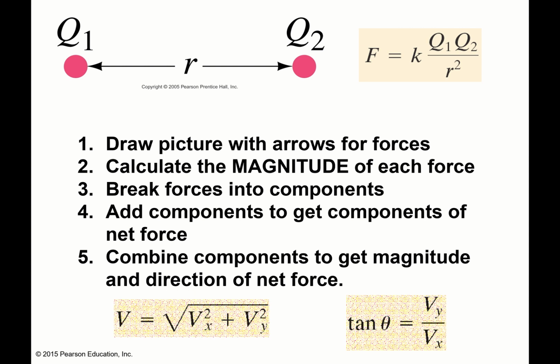If you remember from Physics 1, we use those two equations there at the bottom. You add the x component squared and the y component squared, so vx squared plus vy squared gives you the total length of the vector. And to get the direction, we use the fact that the tan of theta is vy over vx.